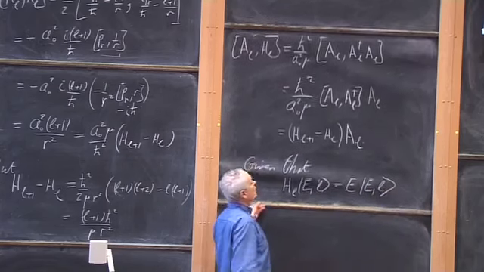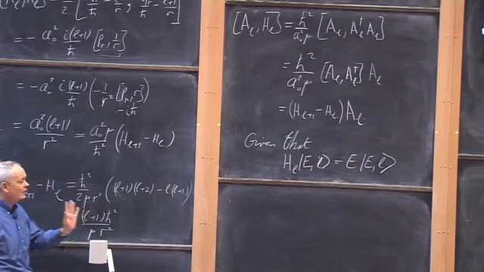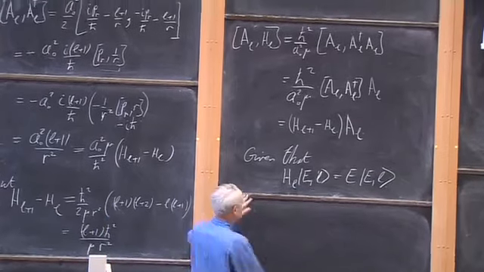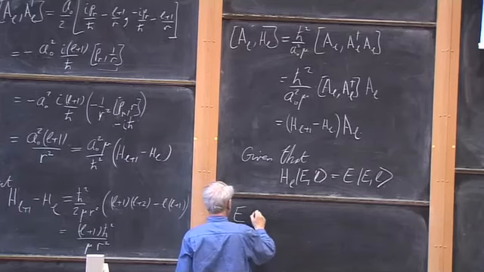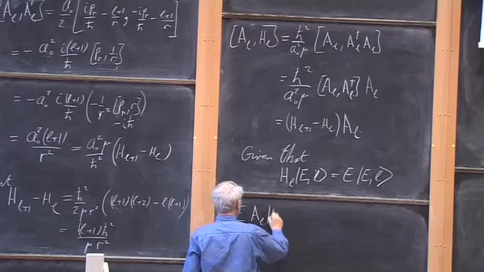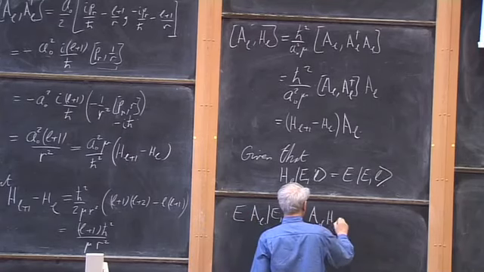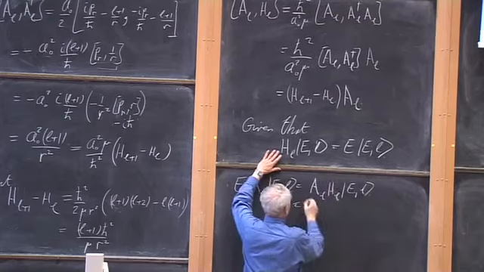What we want to do is make ourselves a new, so we've got one stationary state, we want to make ourselves a new stationary state by multiplying by AL, obviously both sides of the equation. So let me write down the right side of the equation first. This implies that E, which is a boring number, times AL, E and L is equal to AL, HL of E and L. Usual business, swap these over.